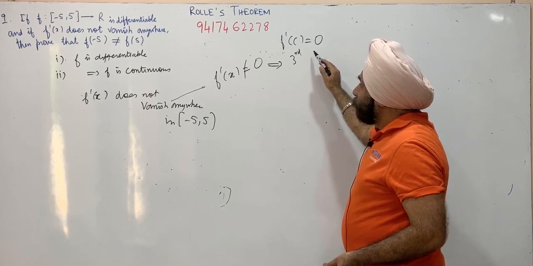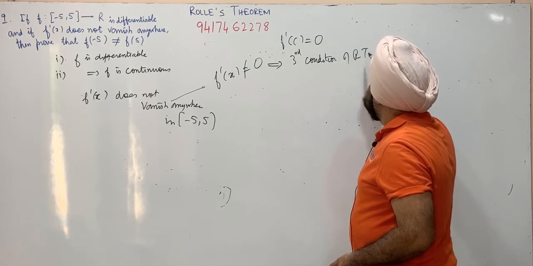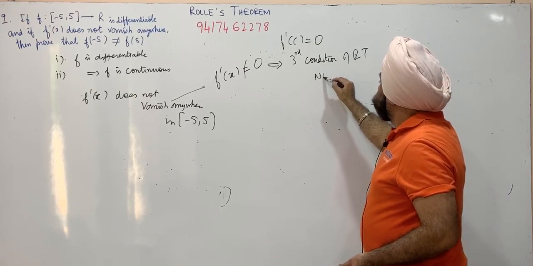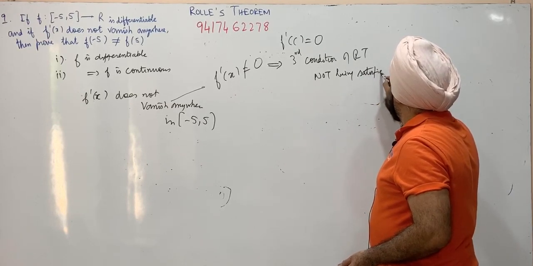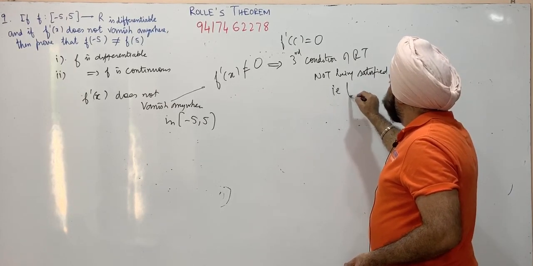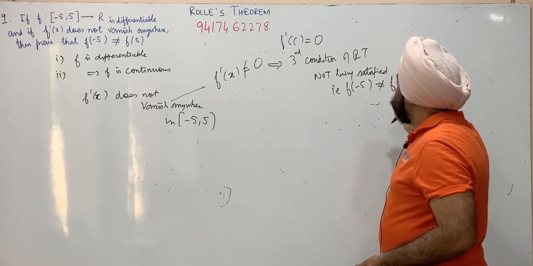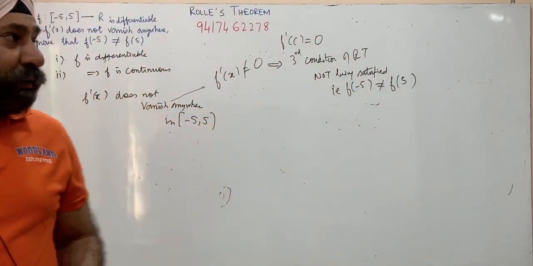It must be the third condition of Rolle's theorem which is not being satisfied by the function. So that is f of -5 is not equal to f of 5. So this explains why f of -5 is not equal to f of 5.